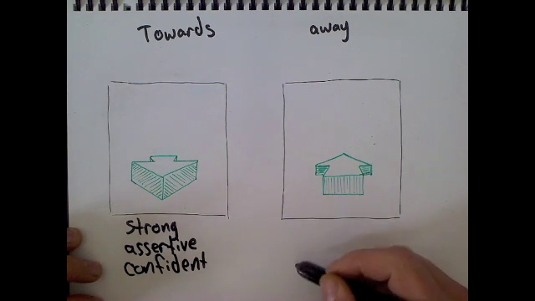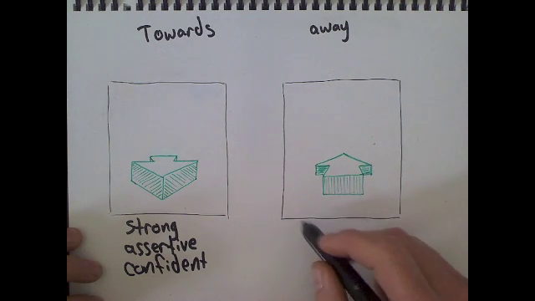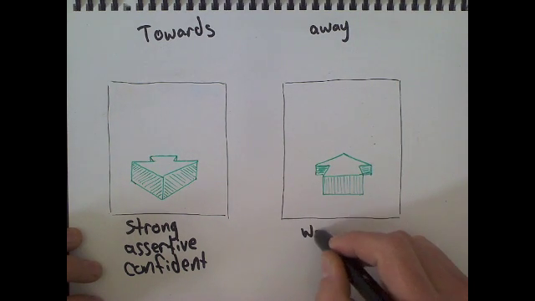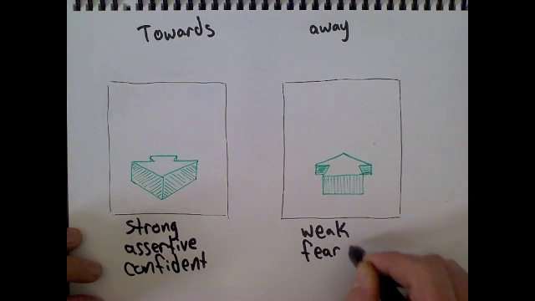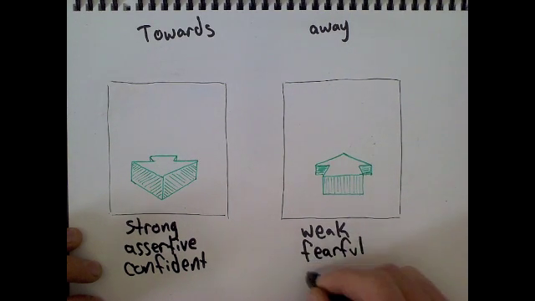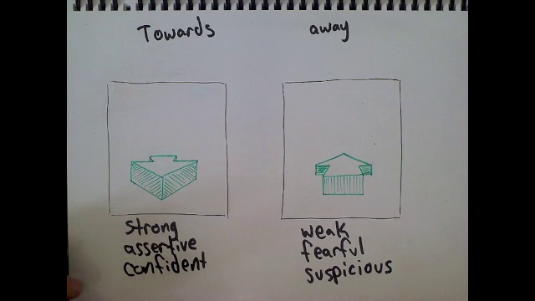When a character moves away from the camera, or when the camera pulls away from the character, it is often seen as weak, fearful, and suspicious. Now, this brings in two interesting sub-points, and that is the type of character you're dealing with.